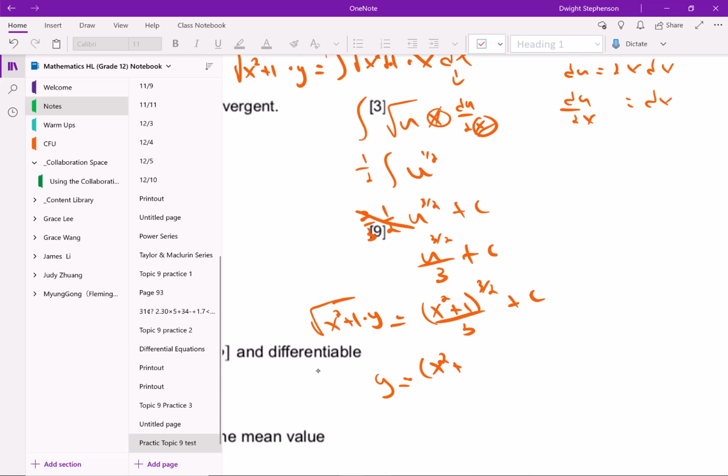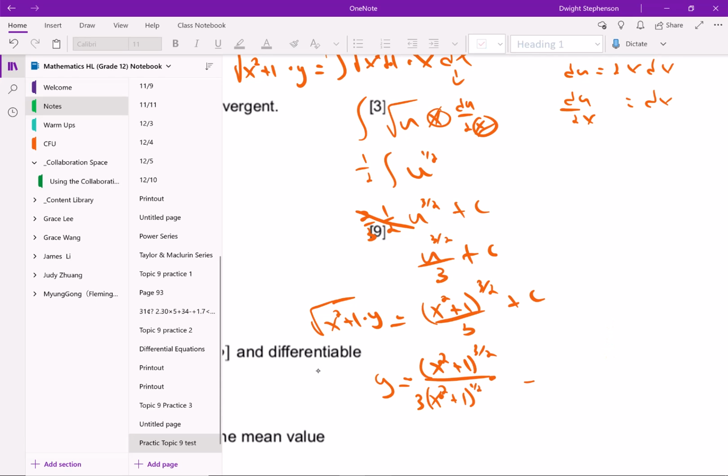x squared plus 1 to the 3/2 over square root of x squared plus 1, and let's go and write the square root of x squared plus 1 as x squared plus 1 to the 1/2. And then there's that 3 factor here, so I'm just going to write that 3 here. These have the same base, so they can be combined. The way we do that is just like if you had 5 to the 3rd over 5 to the 2nd, you would subtract the exponents, right?